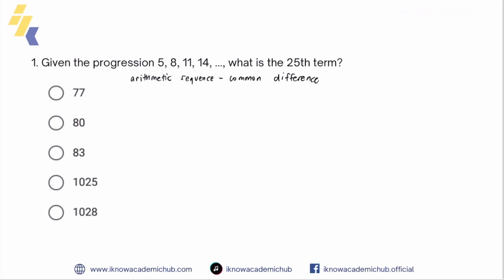Okay? So, to show that, we have yung d as the common difference. Second term minus first term, that is 8 minus 5 equals 3. Equal din siya sa a sub 3 minus a sub 2, 11 minus 8, that's also 3. And a sub 4 minus a sub 3, that is 14 minus 11, also equal to 3.